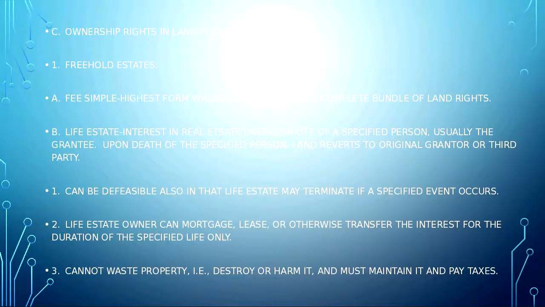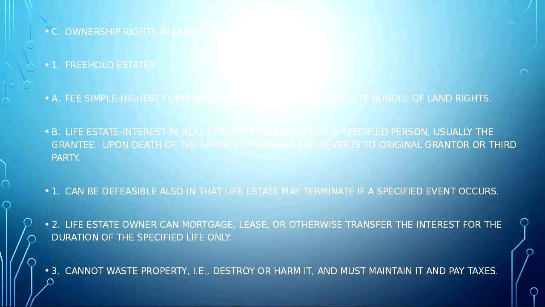It's not unusual for a married person, upon their death, in their will, to leave a life estate in their property, in their real estate, to their spouse. And that upon the death of the spouse, then the property will either revert to the grantor's estate, which probably is set up as a trust or maybe some type of charitable use, or may be transferred to an identified third party.